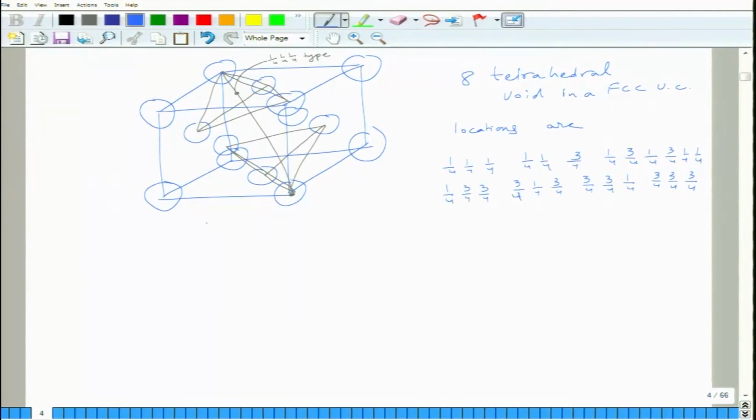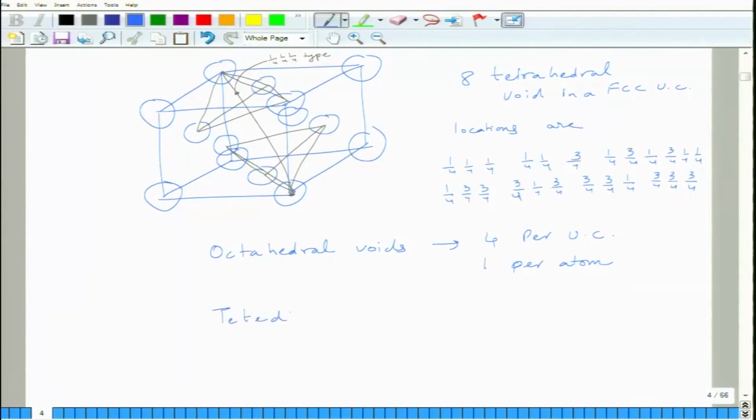So in a FCC unit cell, octahedral voids are 4 per unit cell or 1 per atom, because there are 4 atoms in a FCC unit cell, right.